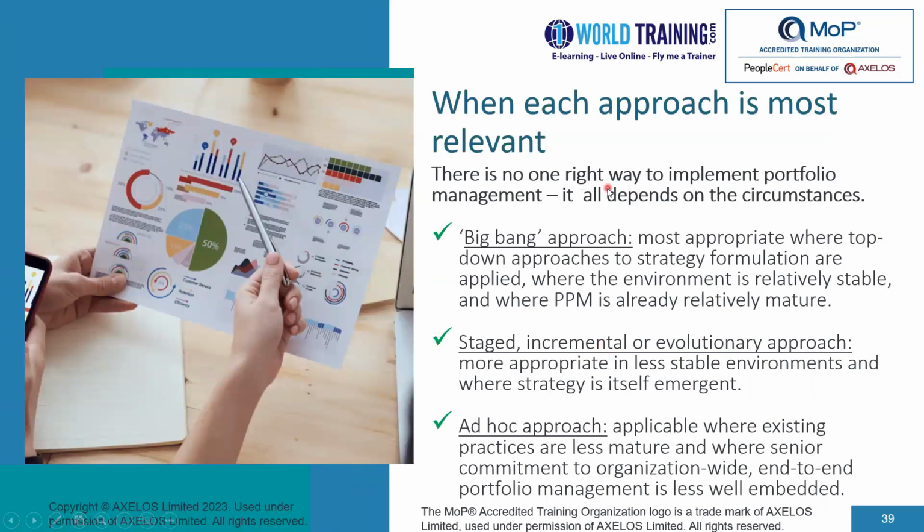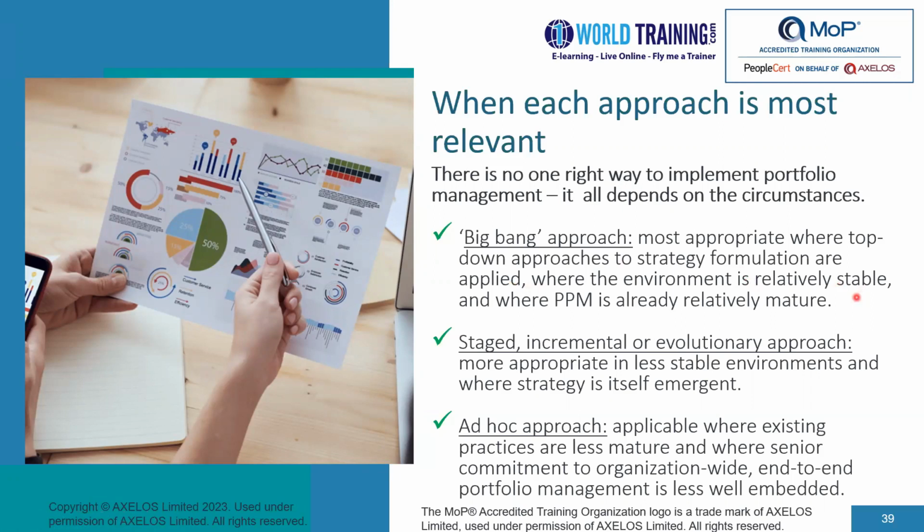There is no one right way to implementing portfolio management. It all depends on circumstances. Now, you could go ahead and implement using a Big Bang approach. And this is appropriate where top-down approaches to strategy formulation are applied, where the environment is relatively stable, you know what your strategy is, you know where you would like to go.